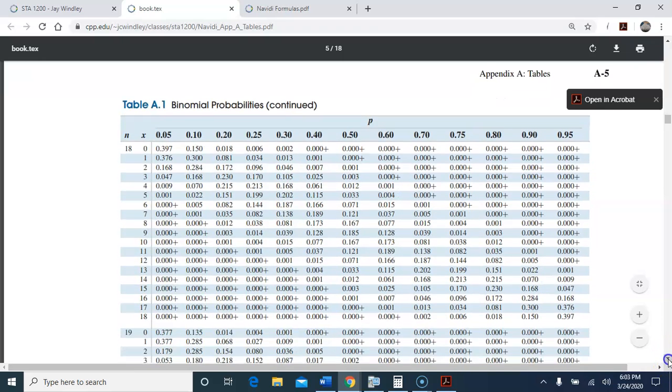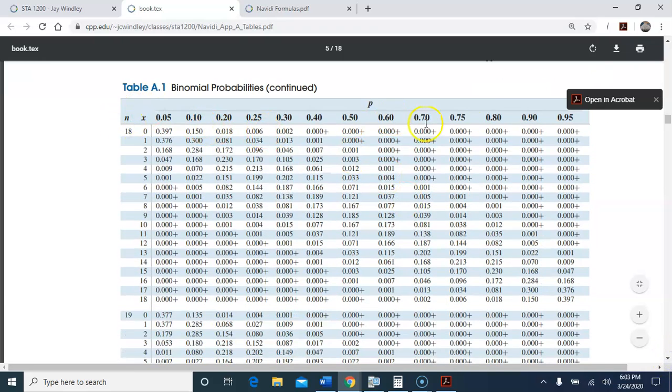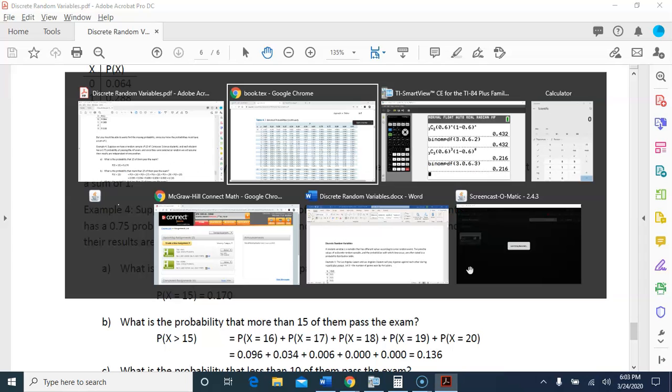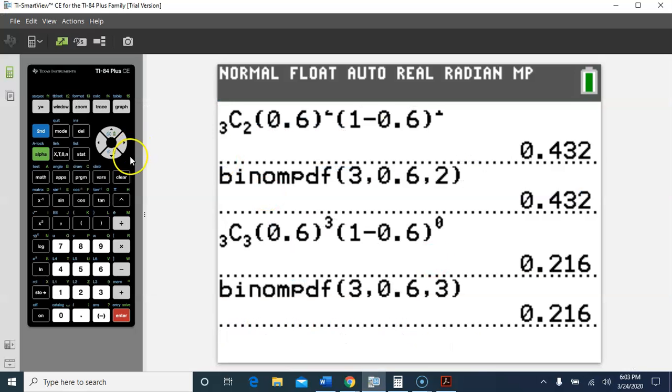So here's the section for n equals 18, and the probability of success is 0.75, and the problem said, what's the probability of 15 successes? It's already been calculated for us right there, 0.170.